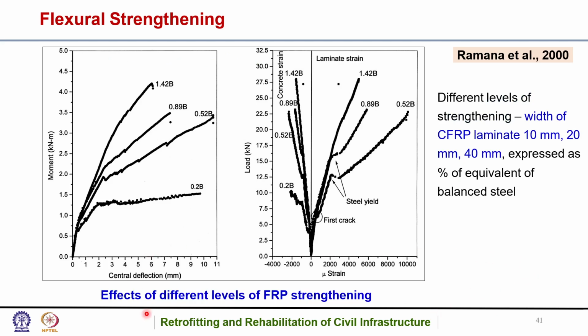So here also you could see the effects of different levels of FRP strengthening, expressed as the width of CFRP laminate of various sizes as percent of equivalent balanced steel.